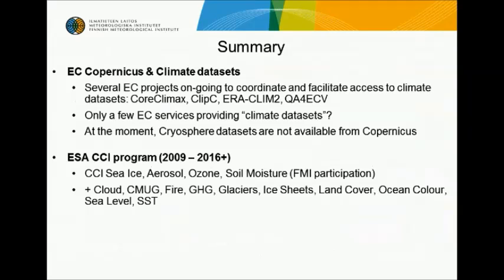At the moment, no cryosphere datasets are available from Copernicus, but from ESA there are several cryosphere datasets and several other datasets coming from the ESA CCI program, which is ongoing. Okay, I think I will end there. Thank you for your attention.